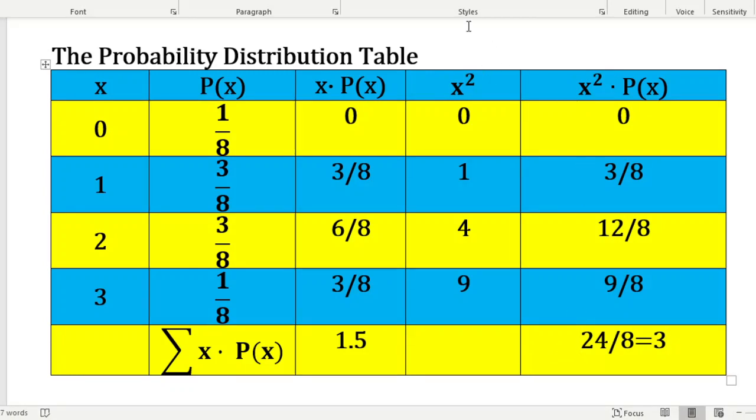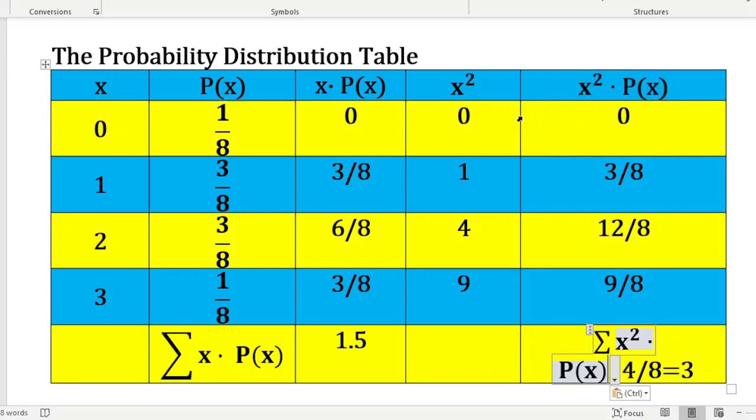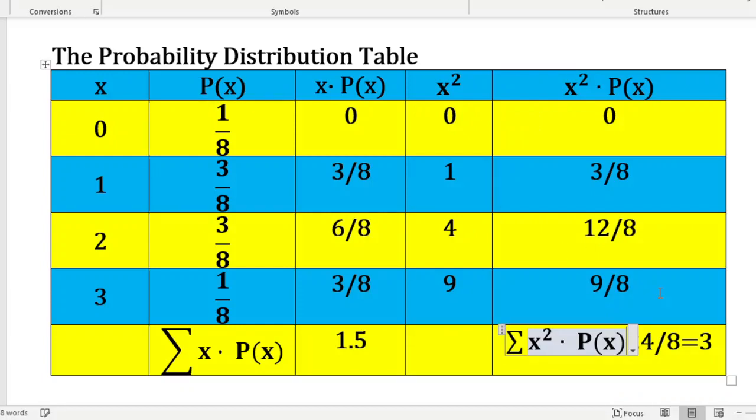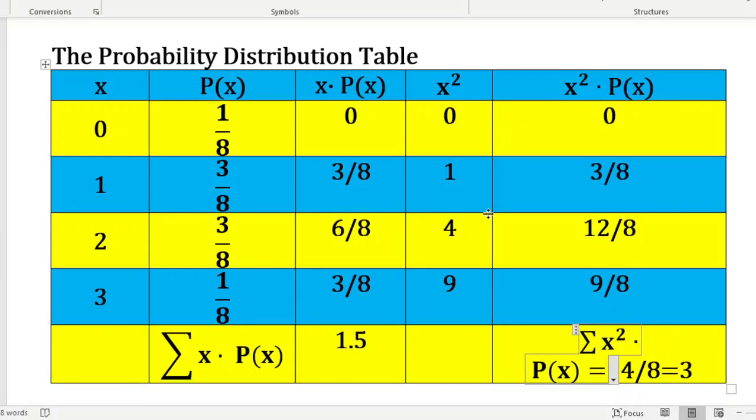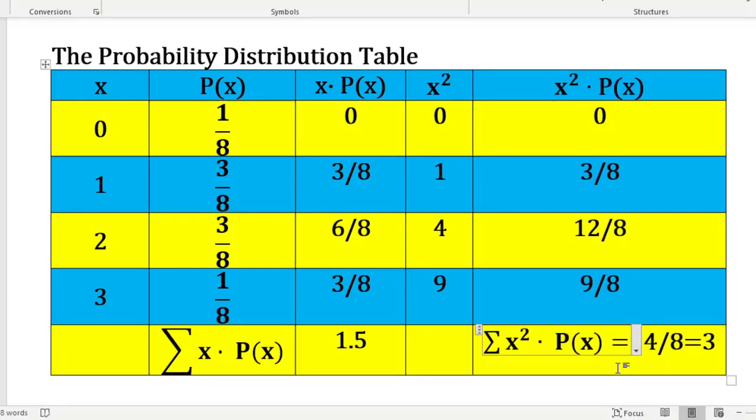Let us express it as a summation. We have summation of this expression. There you go. The summation of the products of the square of each possible value and its corresponding probability. We have 3.